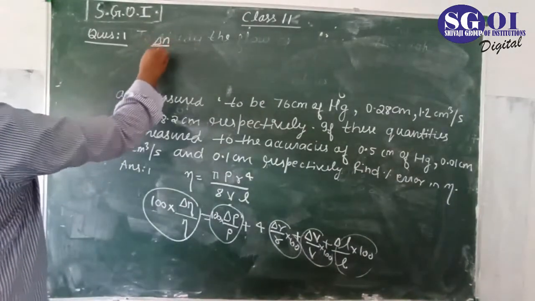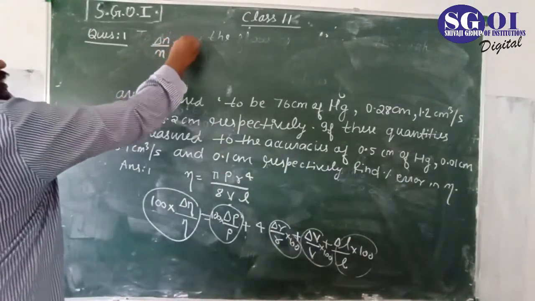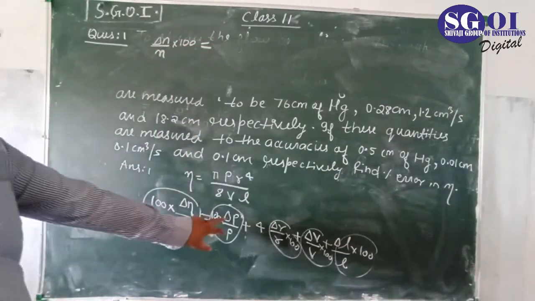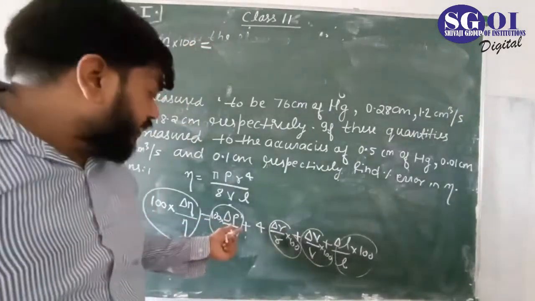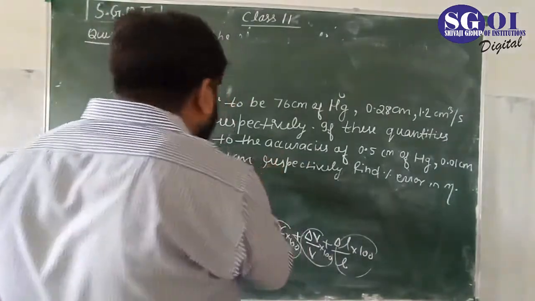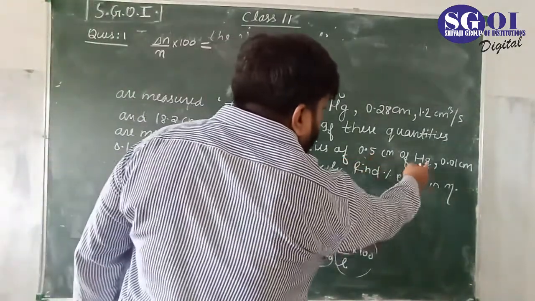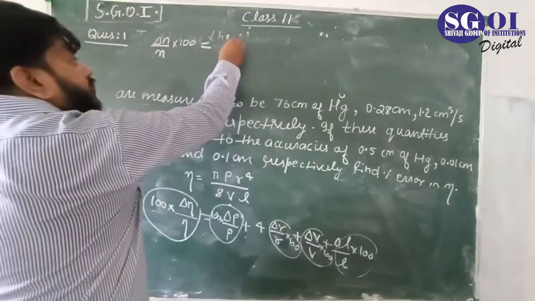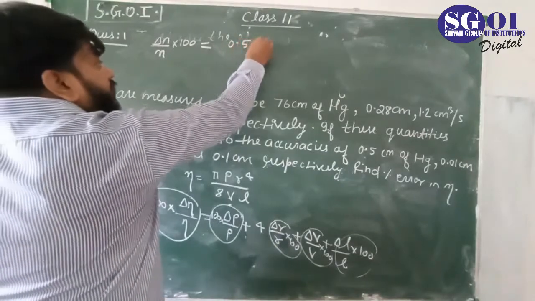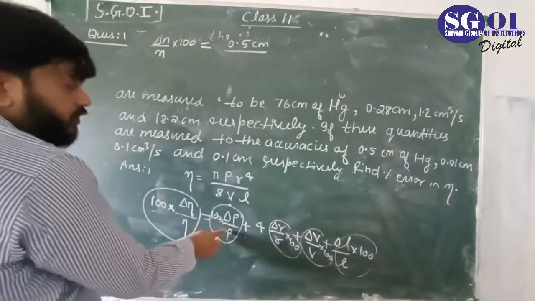Delta eta upon eta into 100 equal to delta P, the mean absolute error in P. You have given the accuracy in pressure, this is 0.5 centimeter of Hg. So this is 0.5 centimeter upon what is P?